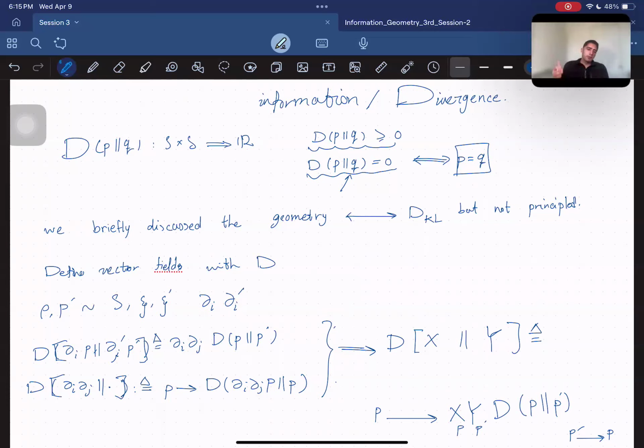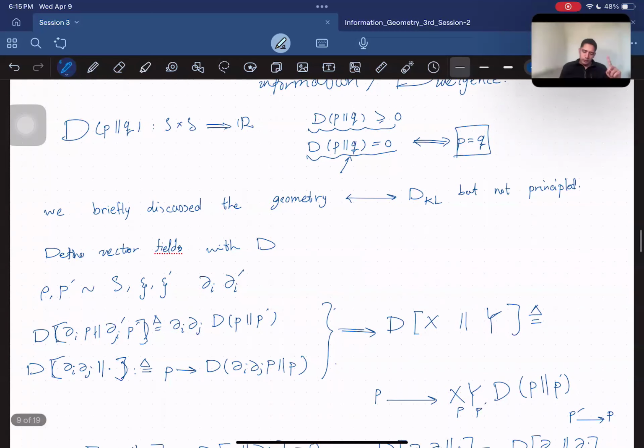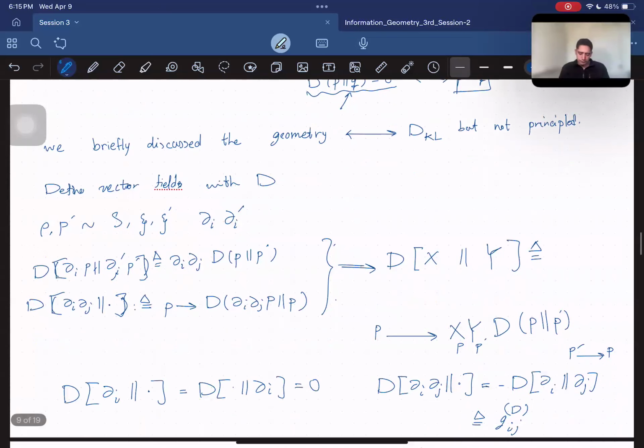But we already saw that the distance between two distributions relied on the geometry a lot. So where's the geometry in divergence here? In order to answer that, we first need to connect divergence to the Riemannian metric. I thought a lot about this.